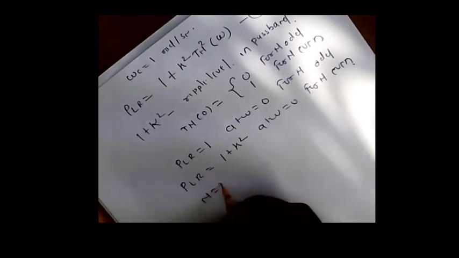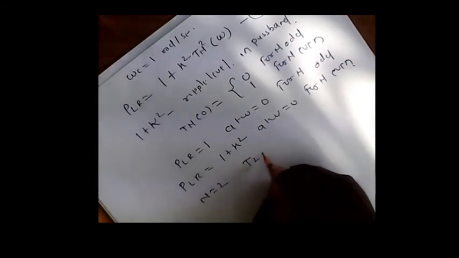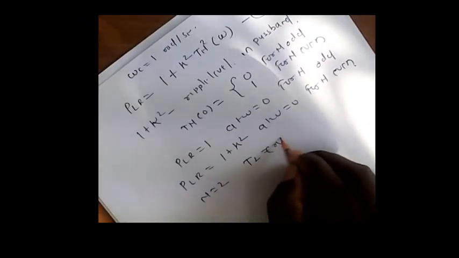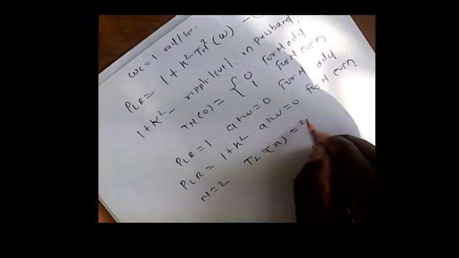So power loss ratio in terms of components is to be given. We put n equal to 2, then T2(x) is equal to 2x square minus 1.